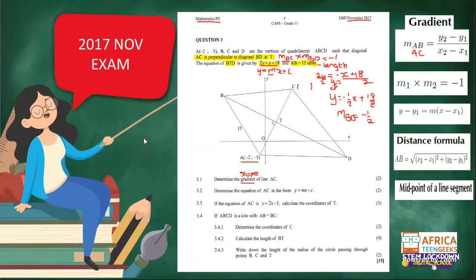Guys, which number would you multiply with negative half to get 1? Okay, so you will see that your gradient, thank you. So the gradient of AC is actually what?